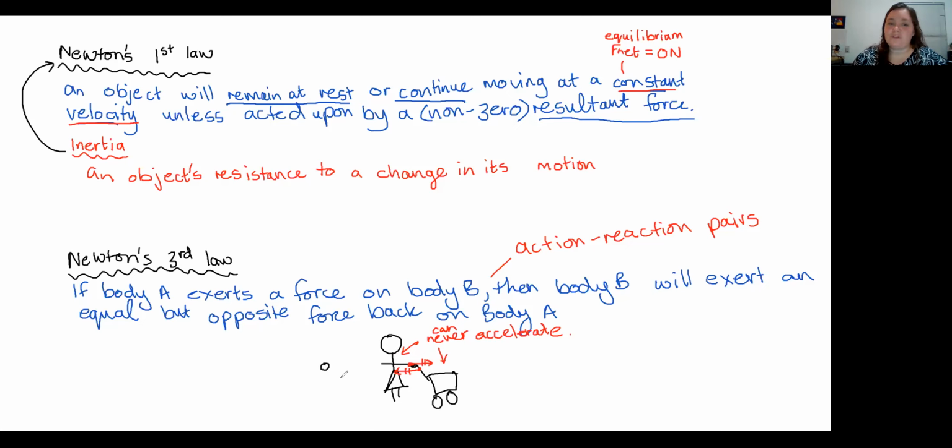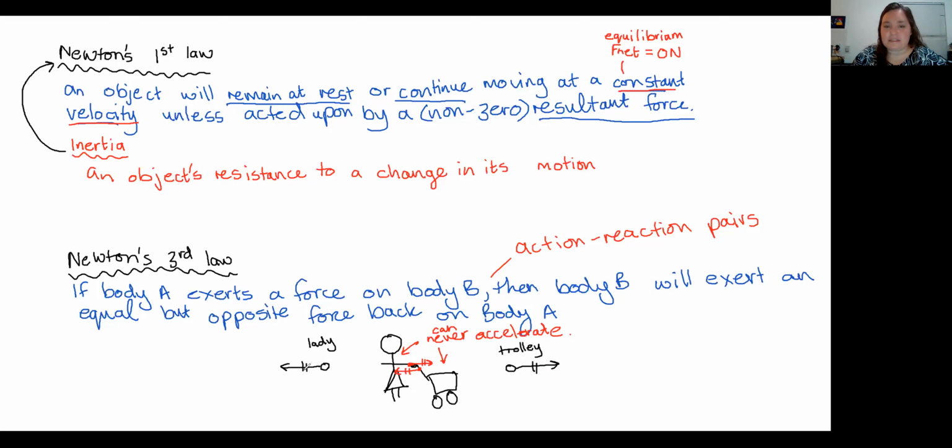If I draw the forces acting on the lady, we actually only have the trolley pushing back on the lady. If I look at the force on the trolley, it's only the force forward. So if we look at the lady separate from the trolley, we'll see that these two forces, which are equal, actually act on different objects.